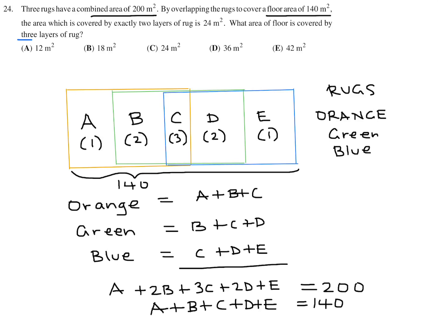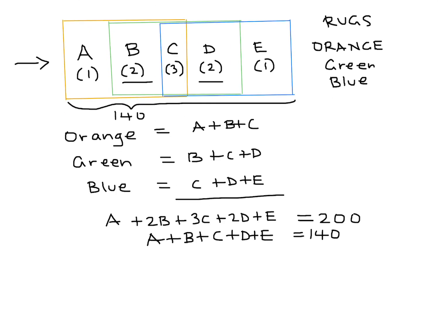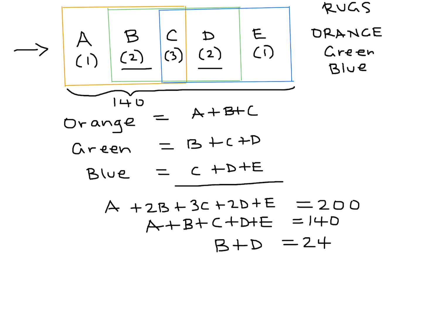And the final piece of information is that the area which is covered by exactly 2 layers is 24. So in our diagram here, what areas are covered by 2? Well, B and D. So B plus D is 24. And I think that is enough information to solve the question.